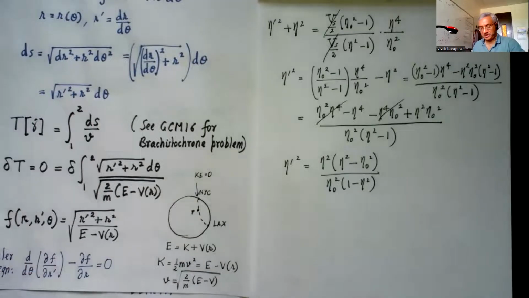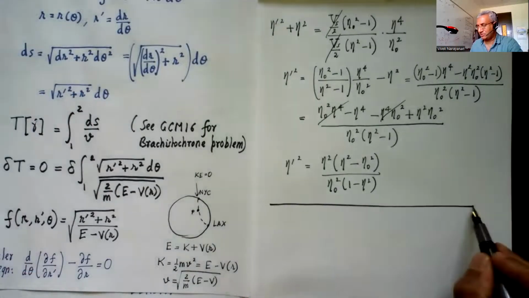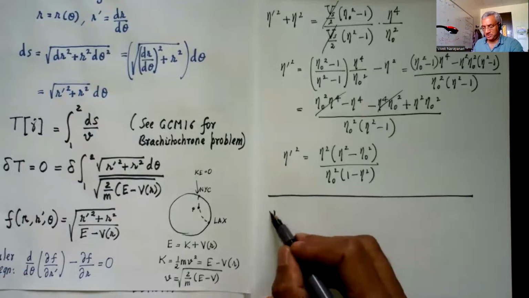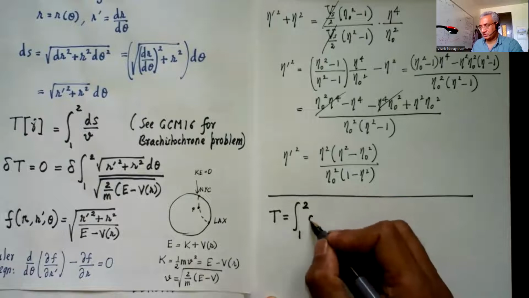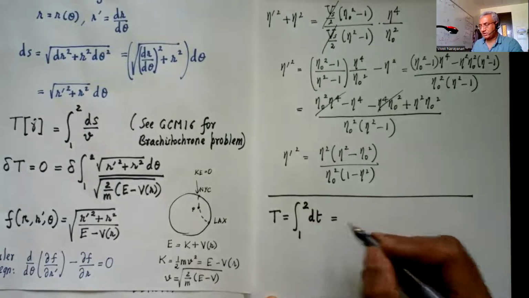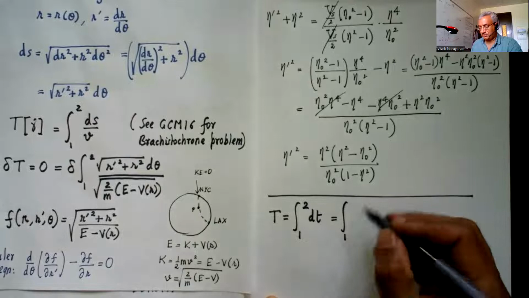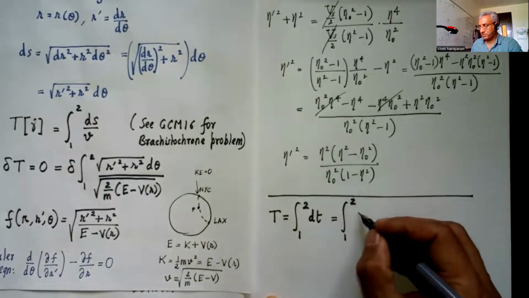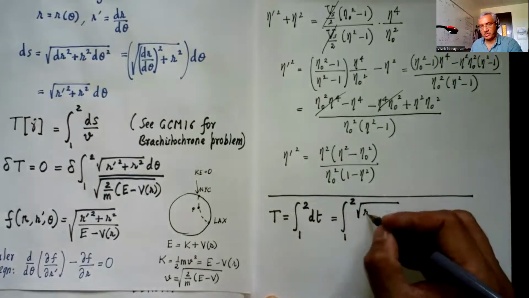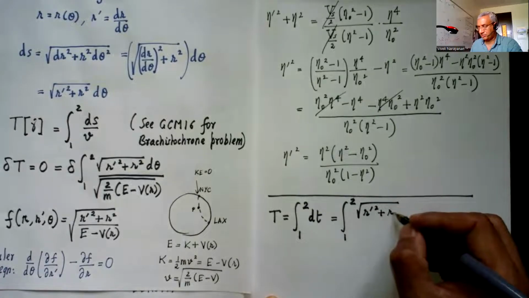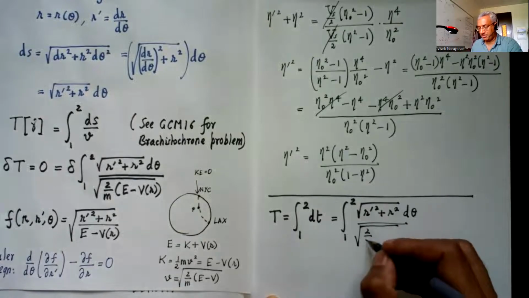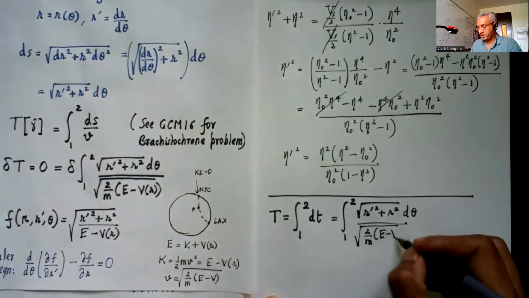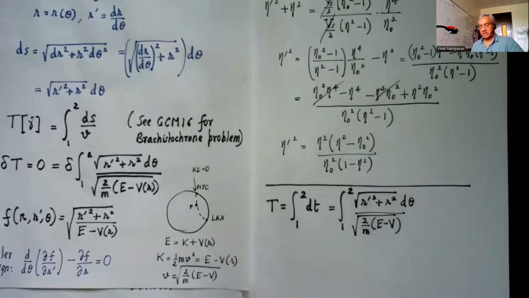So going back to that original integral, we have t equals the integral from 1 to 2 of dt, and that is the integral from 1 to 2 of the square root of r prime squared plus r squared d theta over the square root of 2 over m times e minus v. I copied it again, so I don't have to keep this.